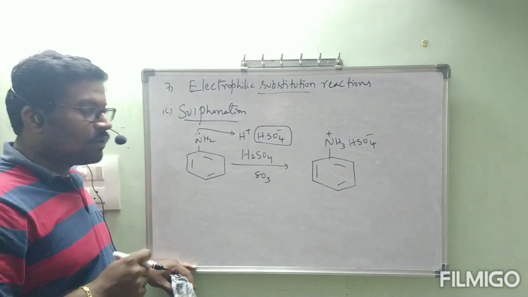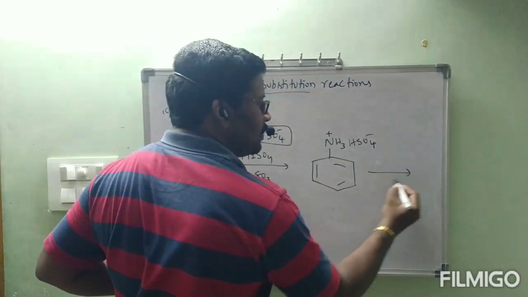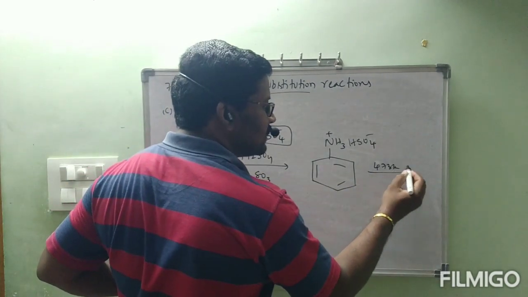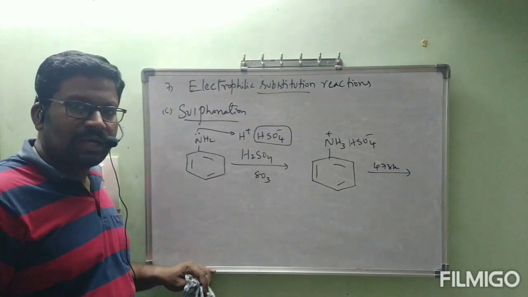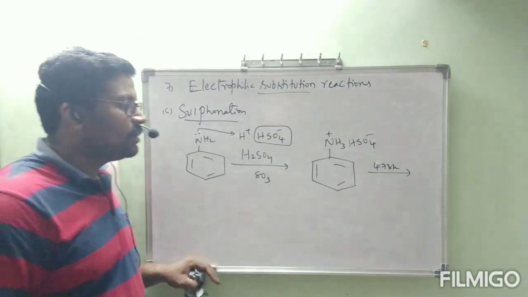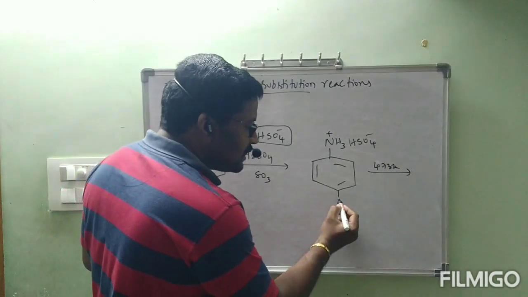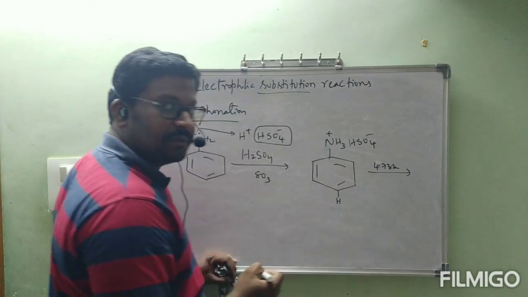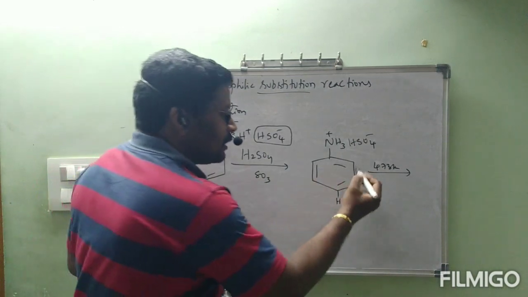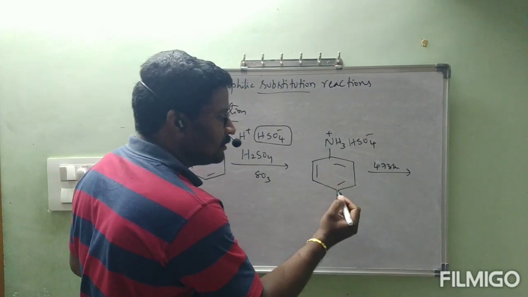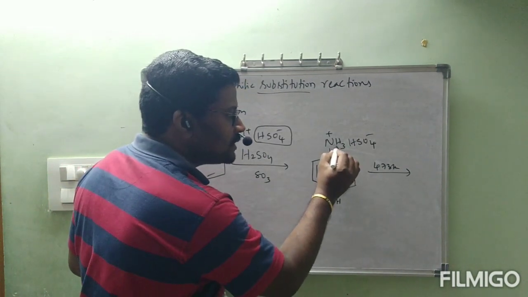But if you heat this one, almost 473 Kelvin, at that temperature, what will happen? In the benzene ring, every carbon has hydrogen. This nitrogen contains 3 hydrogens.